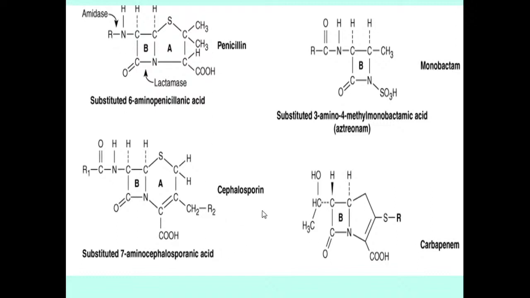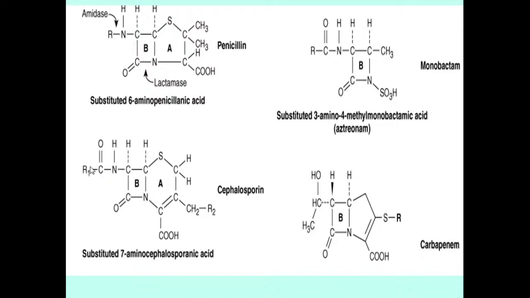Cephalosporins are derivatives or substitutes of 7-aminocephalosporanic acid. 1, 2, 3, 4, 5, 6, 7, amino. In this position, chemists can add different radicals.